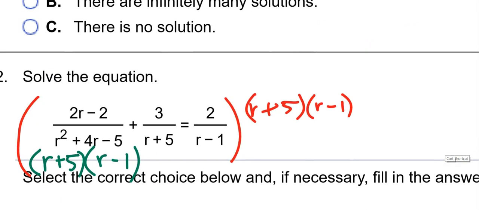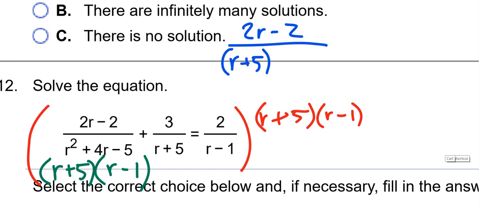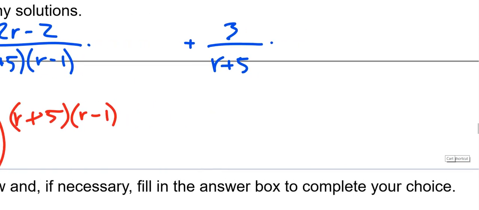Now, I'll try to write it out here. 2 over R minus 2 times R plus 5 times R minus 1, plus 3 over R plus 5, equals 2 over R minus 1.